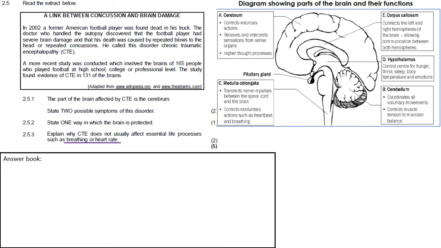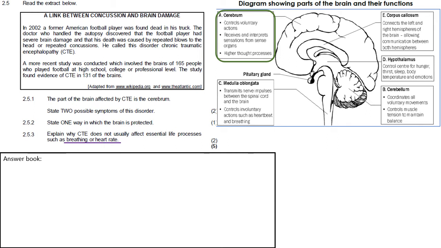Here is a diagram showing the parts of the brain and their functions. For 2.5.1, we're focused on the cerebrum, which controls voluntary actions, receives and interprets sensations from sense organs, and controls higher thought processes.